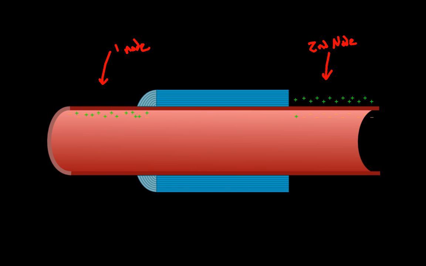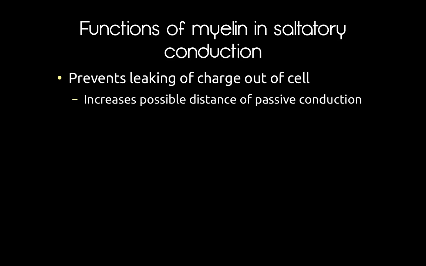So the functions of myelin and saltatory conduction are a few different things. First off, this is preventing leaking of charge out of the cell. If you remember back to when we were talking about graded potentials and passive conduction, if you can increase the resistance of the membrane and prevent these charges from leaking out of the cell, this is going to increase the possible distance that you can move this passive conduction.